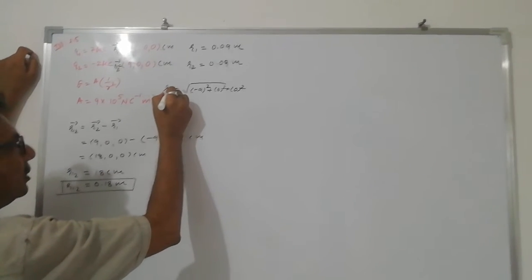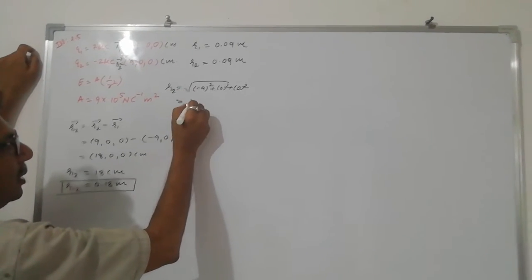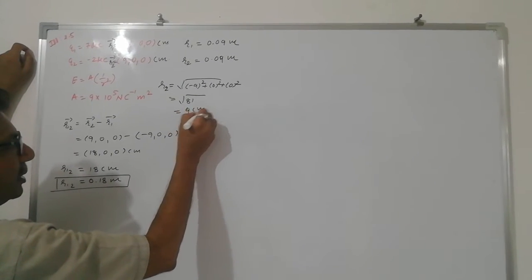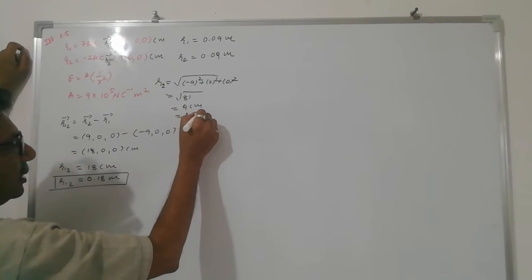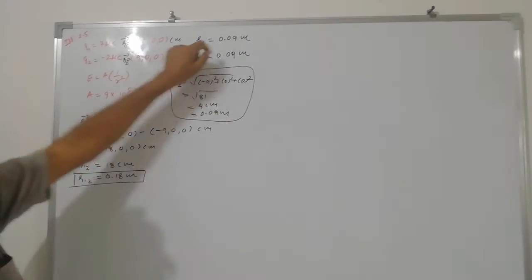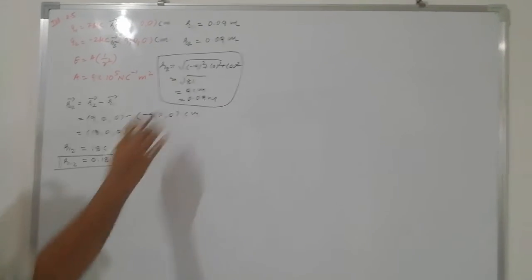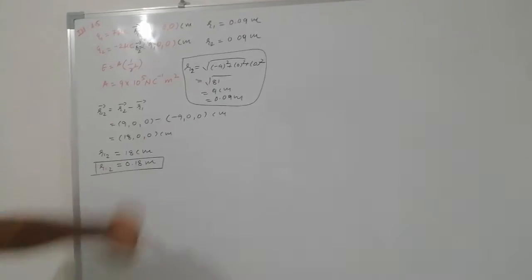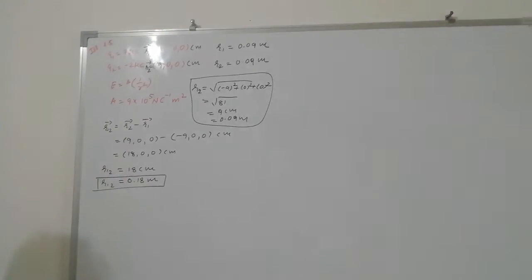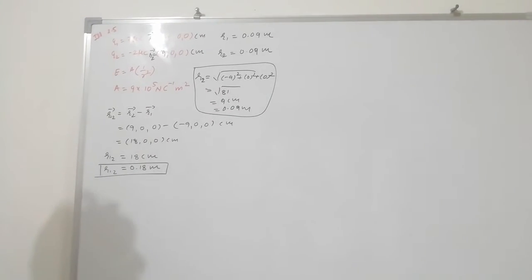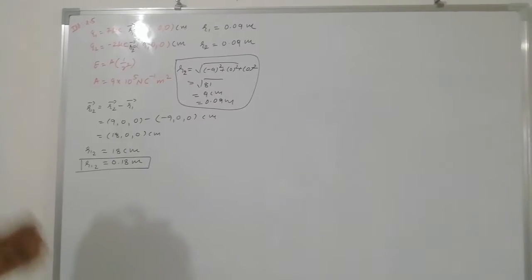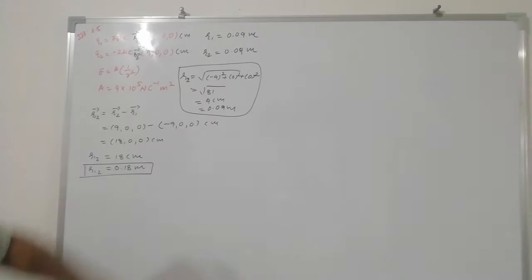So for R2, 81, and it is 9 centimeters, so it converts into 0.09 meter. How did I get this value? You can understand by using this formula. This formula is in 11th standard, 4th chapter. You have already learned that, but I think you forgot it, so I have reminded you.